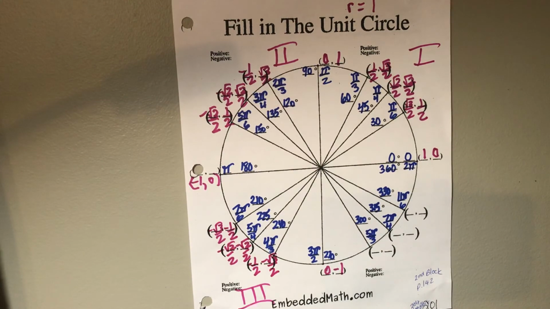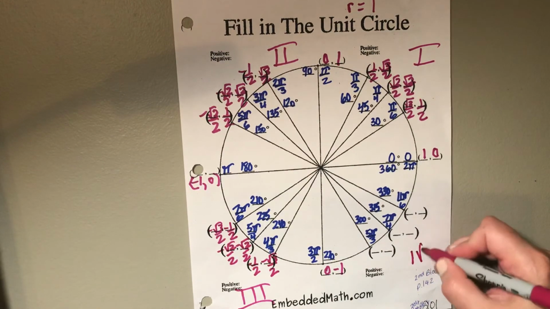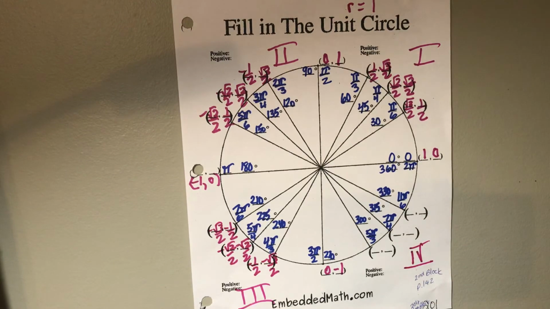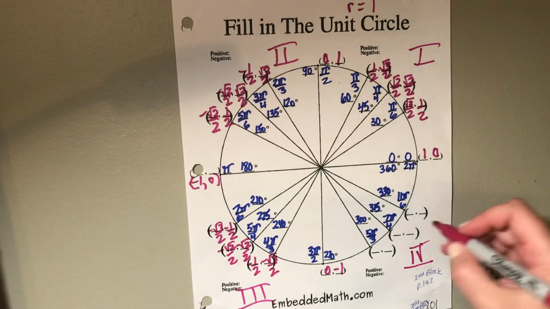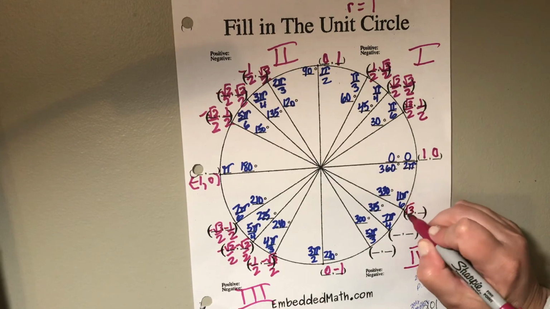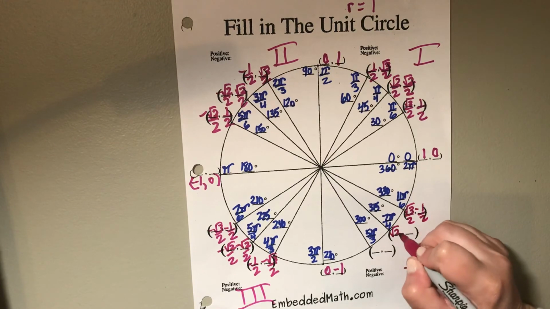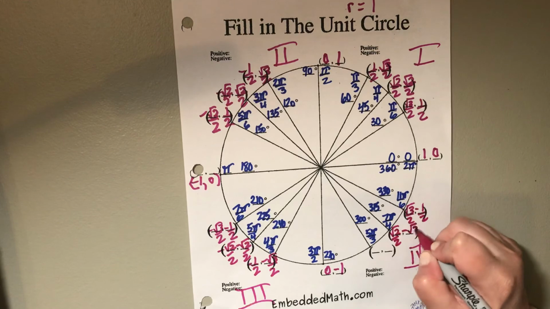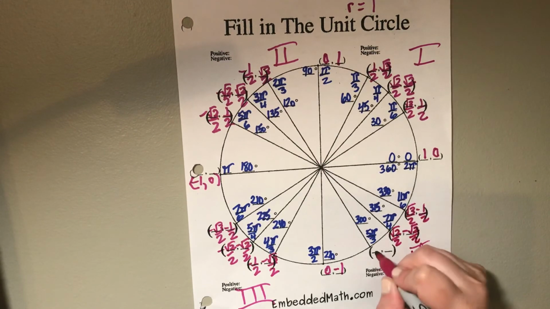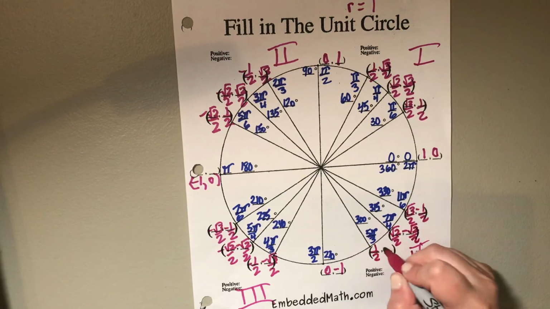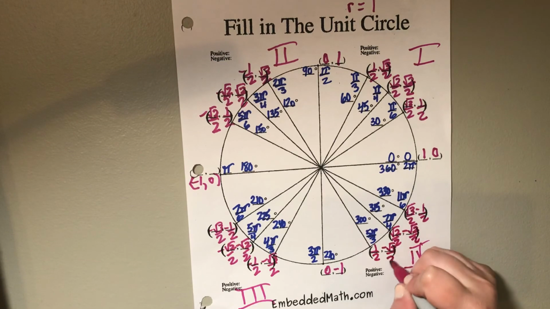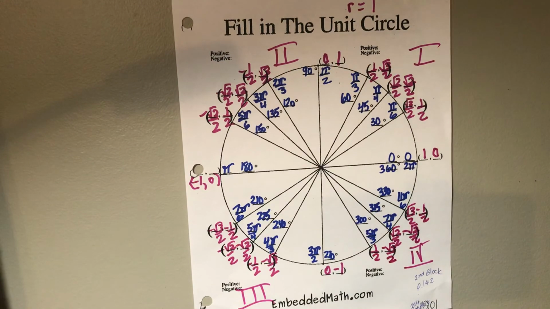Then in quadrant 4, x's are positive, but y's are negative. And that is your unit circle.